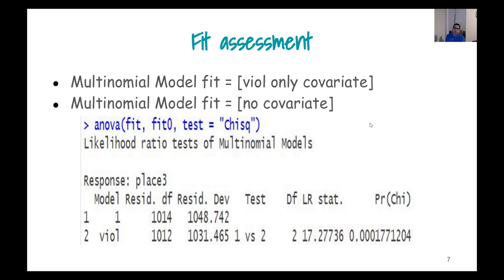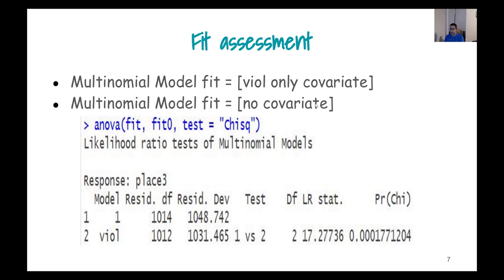Alright, so far we have just talked about the one variable, viol, the history of violence variable, but we definitely want to check whether this violence variable is significantly contributing to the model to justify this modeling. To do that, we can simply fit two models, one model with the viol variable and another model without any covariate.